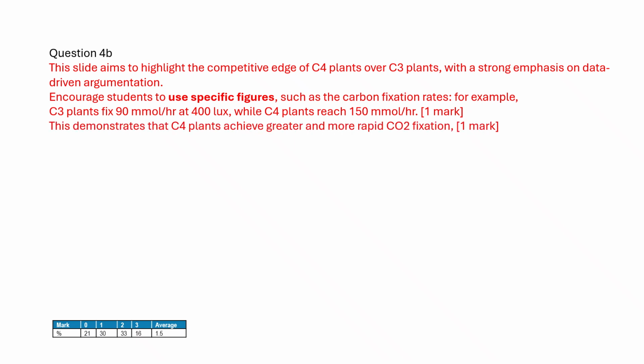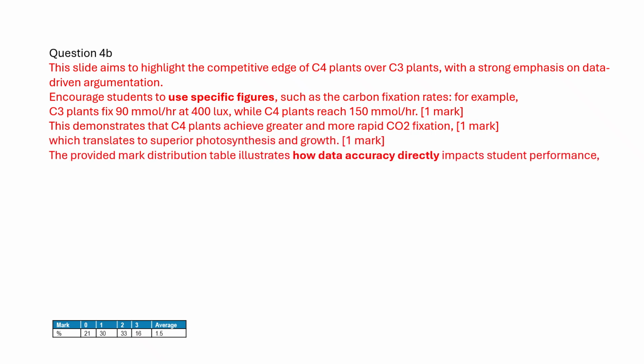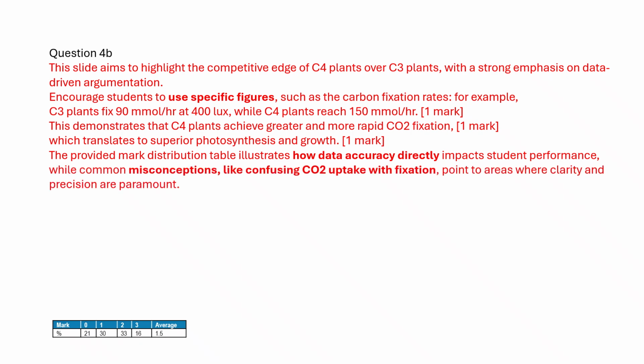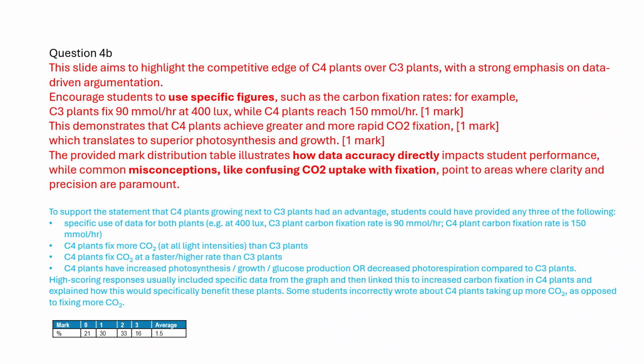This demonstrates that C4 plants achieve greater and more rapid CO2 fixation, which translates to superior photosynthesis and growth. The provided mark distribution table illustrates how data accuracy directly impacts student performance, while common misconceptions, like confusing CO2 uptake with fixation, point to areas where clarity and precision are paramount.